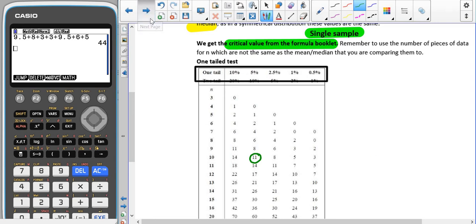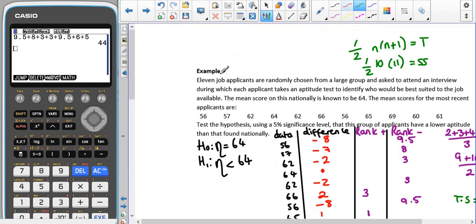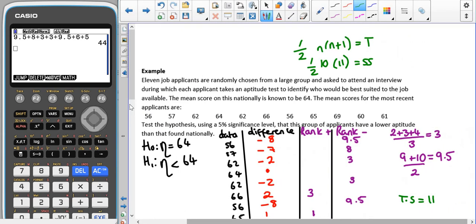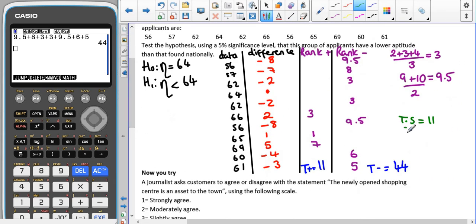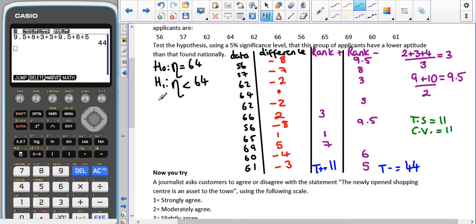Now this is the first time that we've come across an example like this, where the critical value is the same as the test statistic. So this brings up an important point as well, that the critical value is the first value at which you reject H0. So as the test statistic is equal to the critical value, we are still going to be rejecting H0.